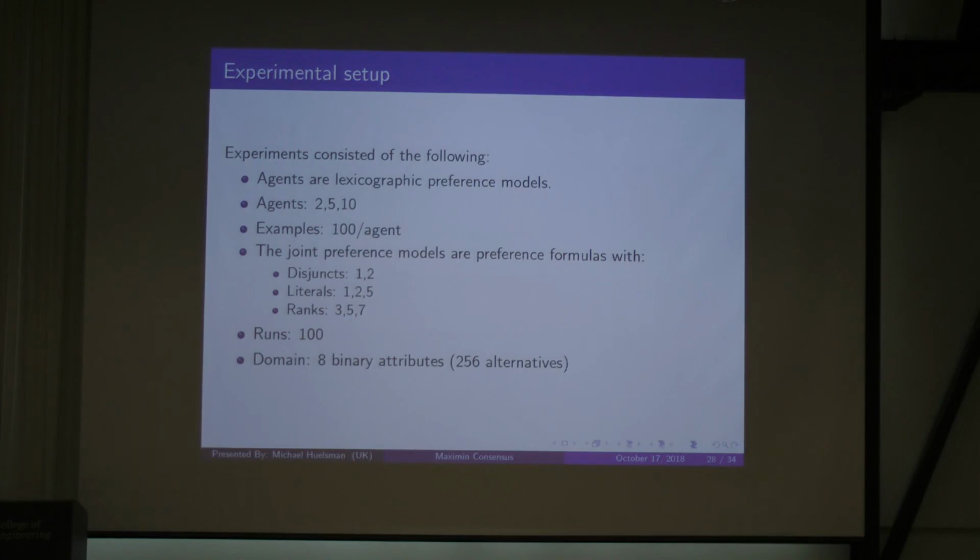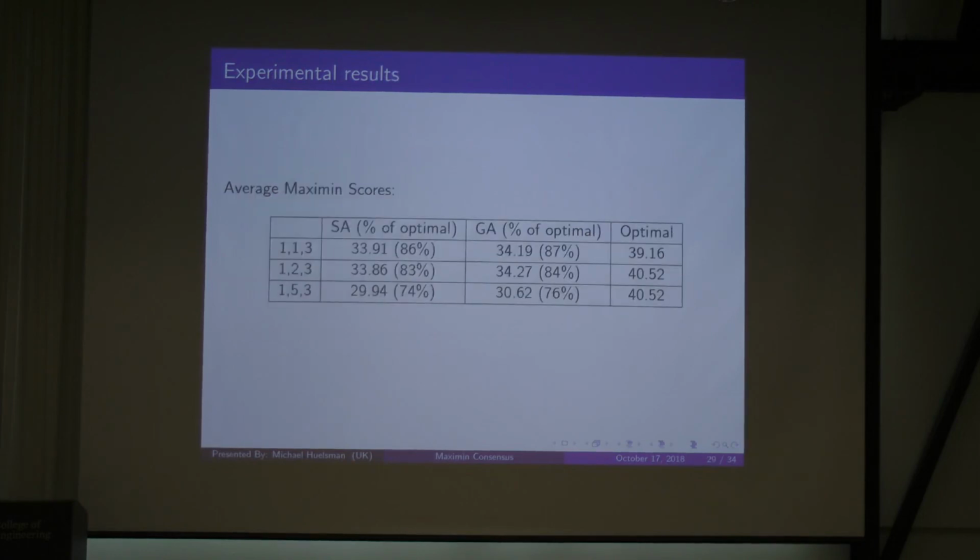So, starting out in the beginning, to see whether or not we could even approach the optimal: these optimals are the average over 100 runs. So on average, and this is for 5 agents, the optimal was around 40 examples satisfied for the least satisfied user.